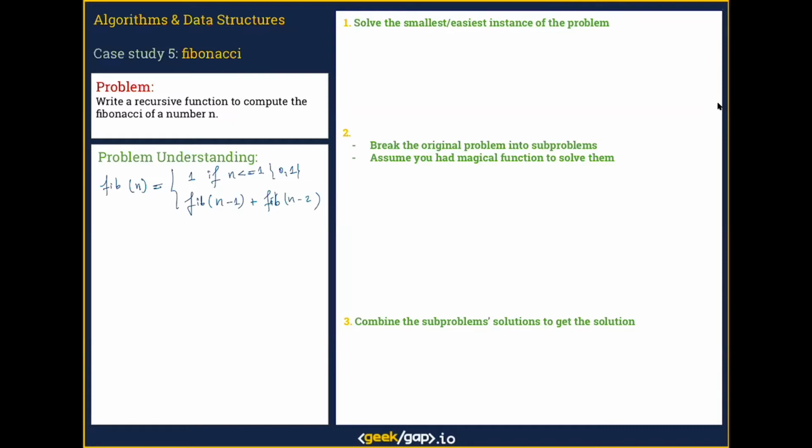That's the definition of the Fibonacci function. It's quite simple, and we can see from this definition that the problem is recursive by nature.